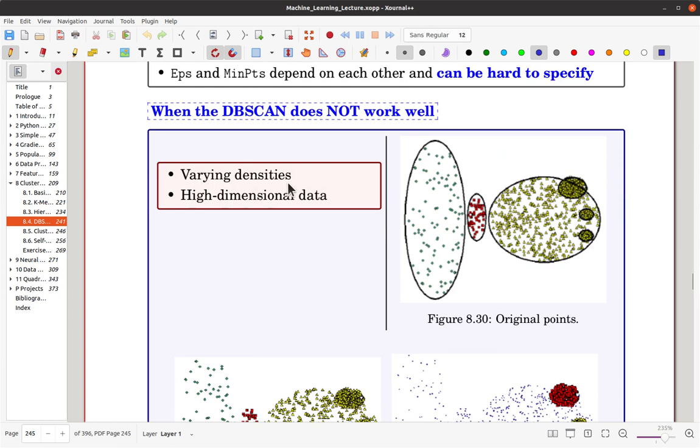With varying densities, once the density is varying, it does not work well. In fact, for varying densities, most algorithms will not work well. So it is not only for DBSCAN; it can happen for almost all algorithms. Okay, also if data has very high dimension, then it can also have some issues.